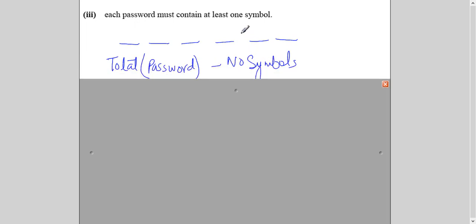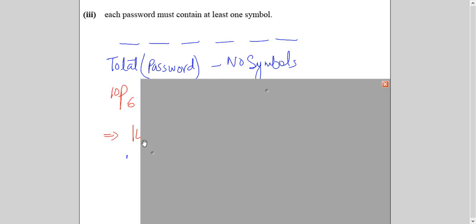Sorry, I said all symbols, I mean no symbols, because I want a password which has at least 1 symbol. How many symbols do I have? 3. So it should have a symbol. So let me find out the passwords which have no symbols. When I subtract them, definitely I will get the remaining which have symbols.